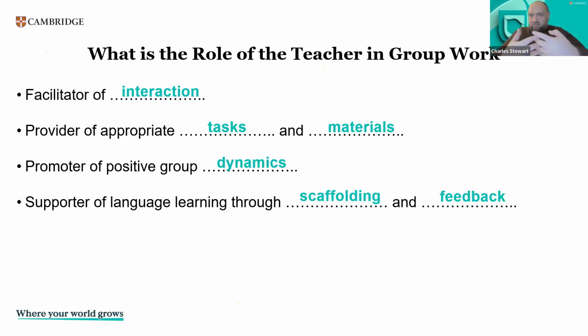Therefore, the cause of the problem then becomes us as the teacher in failing to identify how we need to support our learners throughout the group work or the pair work.